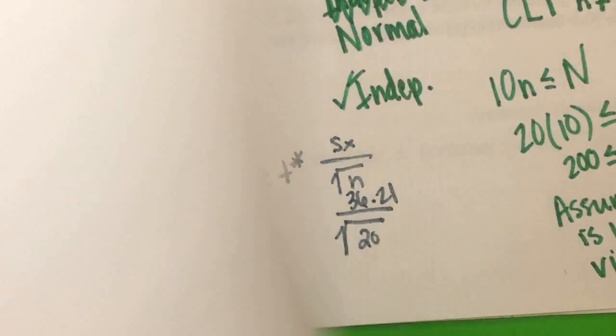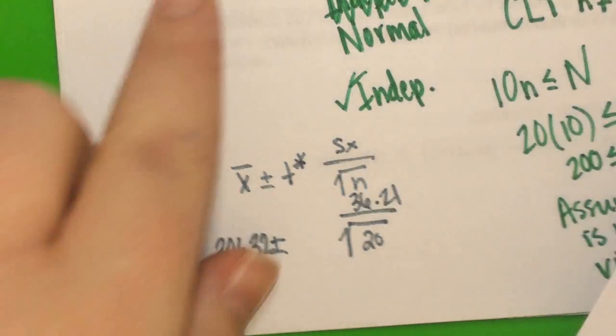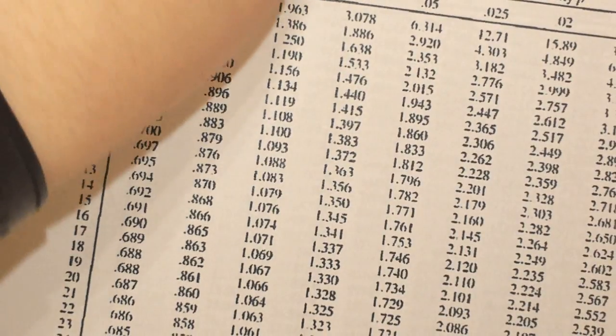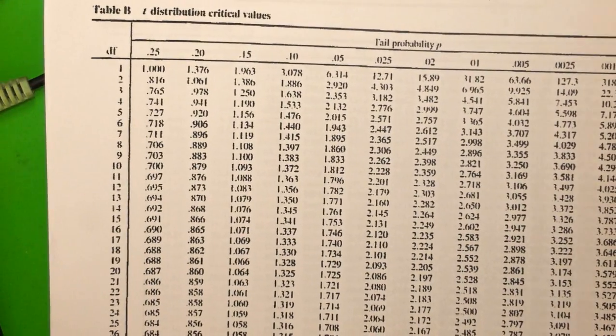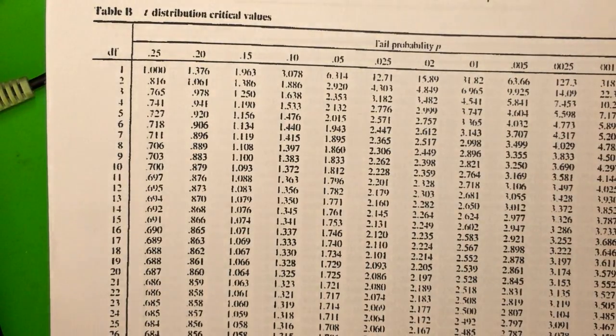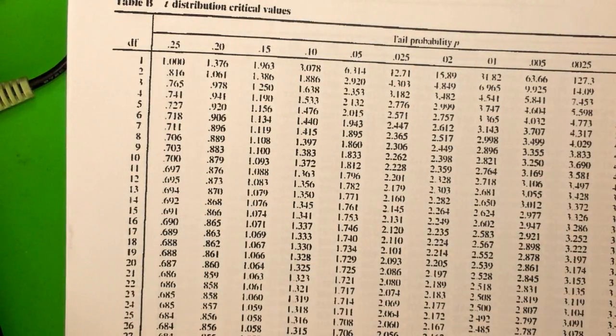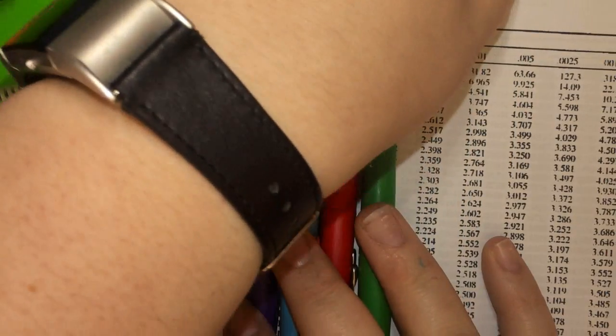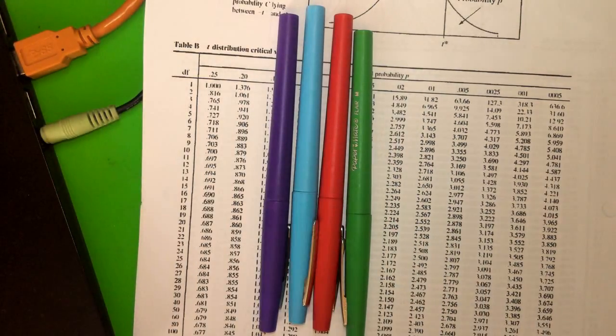They told us degrees of freedom is 19, because we have 20 in our sample and degrees of freedom is one less. It's got to do with this fact. Right now I have 4 pens to choose from.